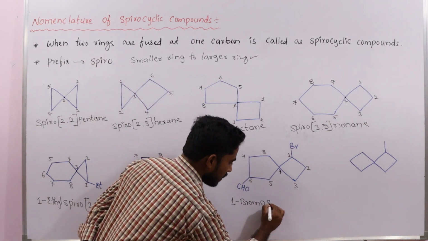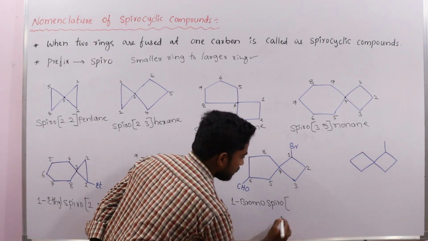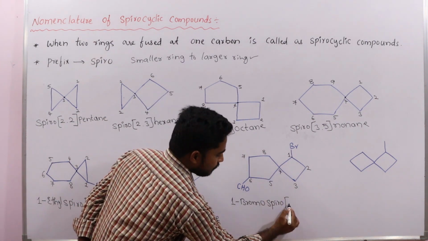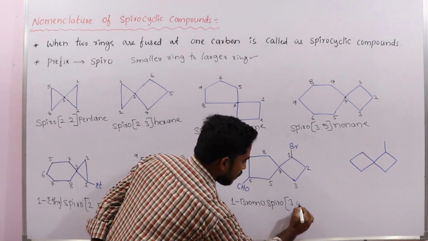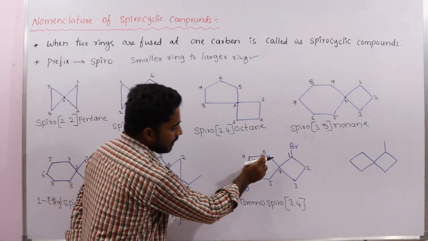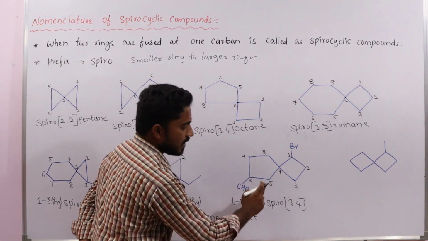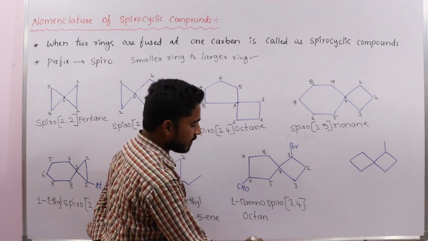The prefix is spiro here. For a spirocyclic compound, spiro in brackets. Lesser numbers first. Here 1, 2, 3, 4, 4 carbons, 3 dot 4. So what is the root word here? 8 carbons are there. That's the root word oct. Saturated or unsaturated? Saturated. That's why ane, octane.